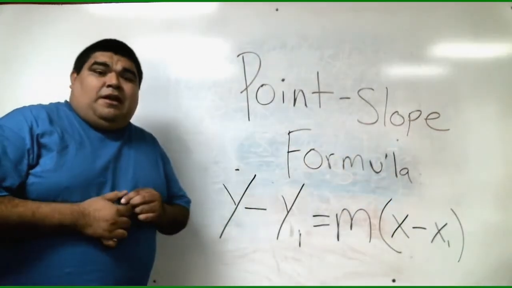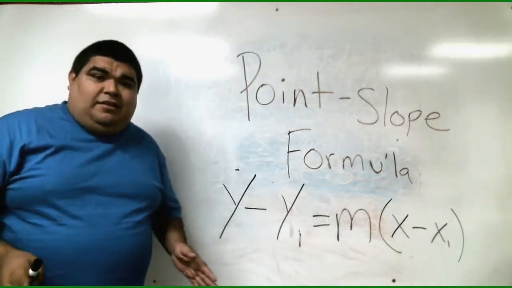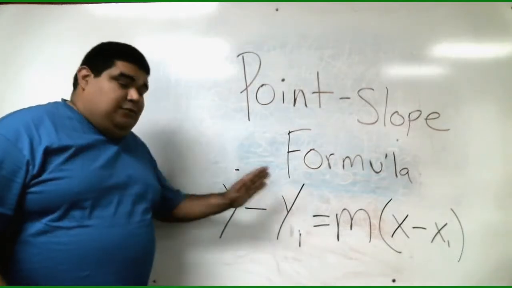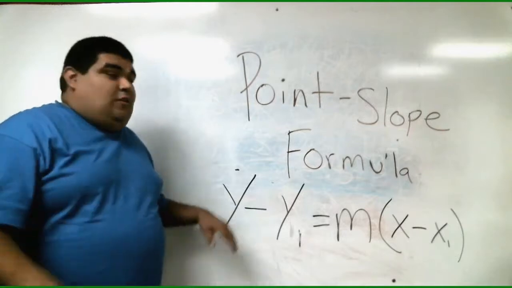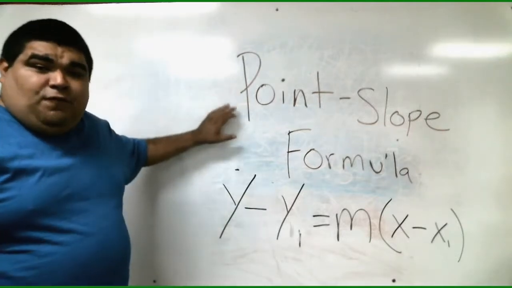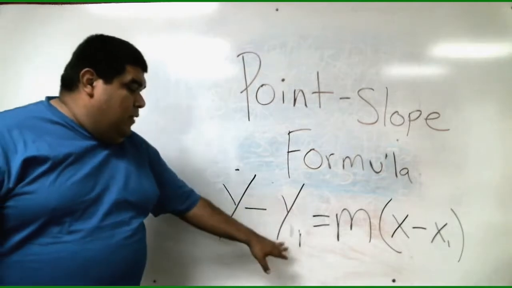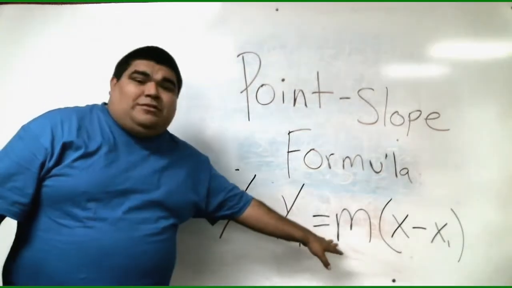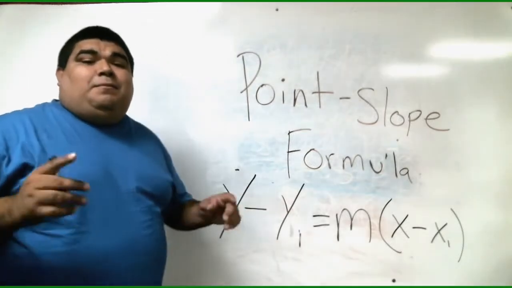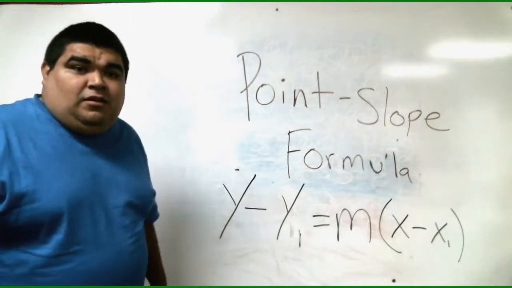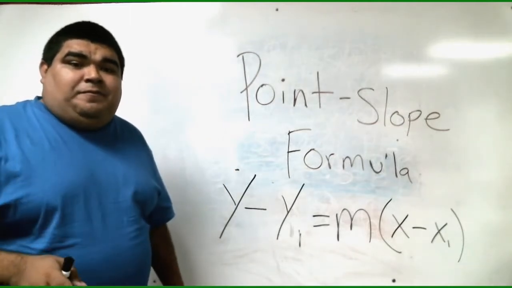It might look a little complicated. Don't stress out. We're gonna work on it together. Okay? So make sure you write it down on your notes. Point-slope formula, and then the formula which is y minus y1 equals m parentheses x minus x1. Okay? If you need more time, pause the video.